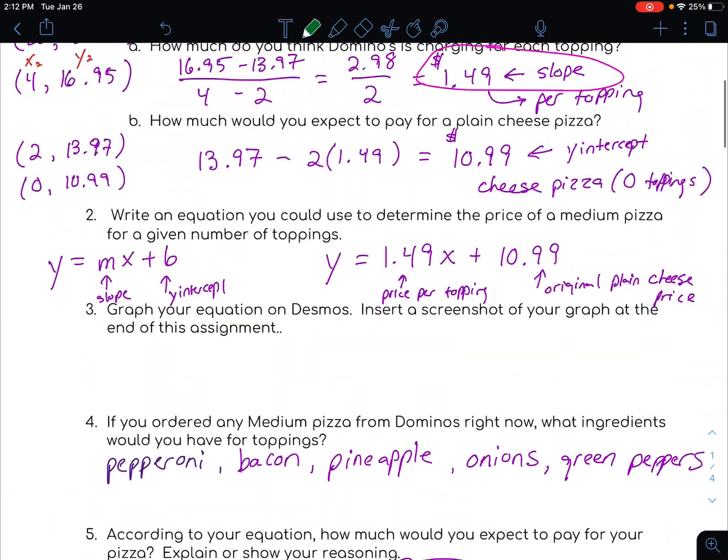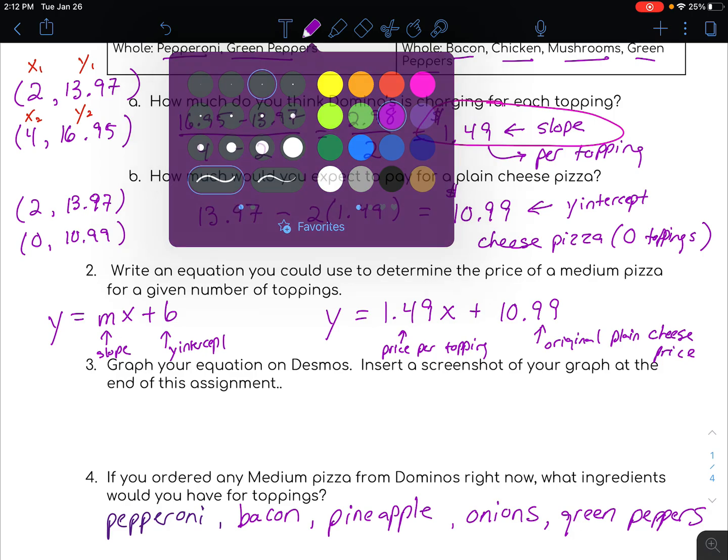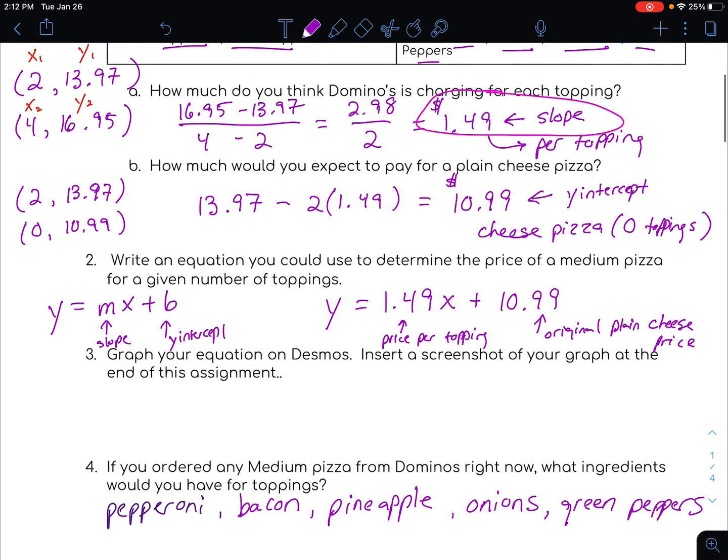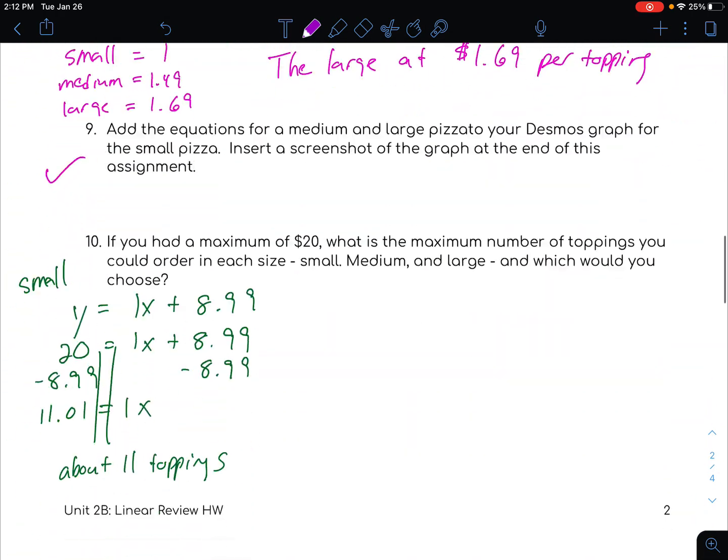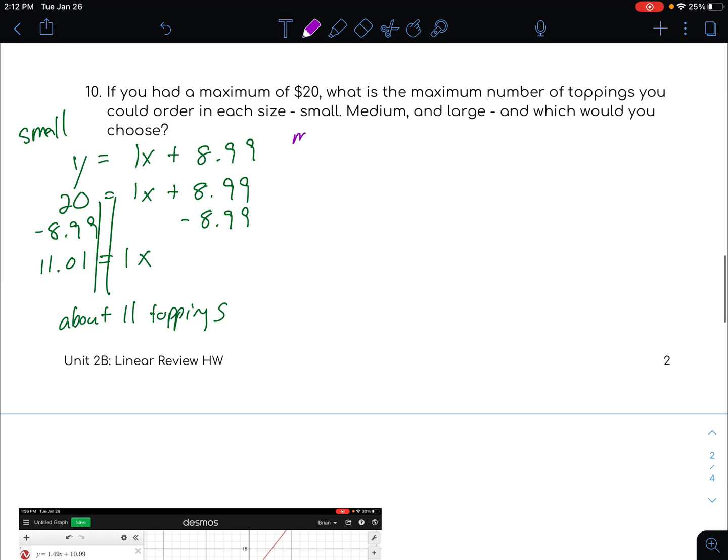All right, and then we had the medium, which was one up here, so 1.49x plus 10.99. And if we said, all right, if you had $20, let's put in that for y, how many toppings would you be able to solve for?